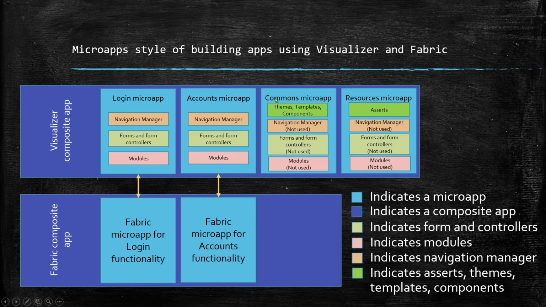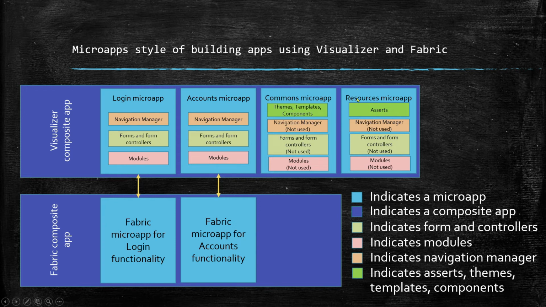As you can see here, the commons micro app will not have any forms or form controllers or modules created inside it, because it is only used for creating the themes, templates, components which can be used by other individual micro apps.